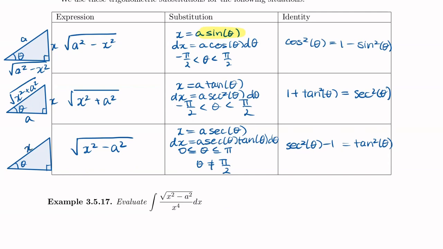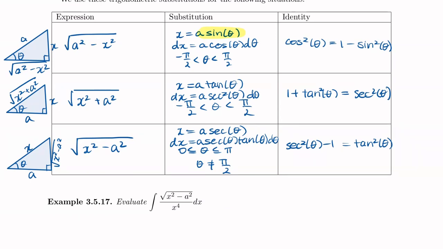And the adjacent is going to be the a. So that means this part is going to be your x squared minus a squared. So those are the three cases here with the right angle triangles.